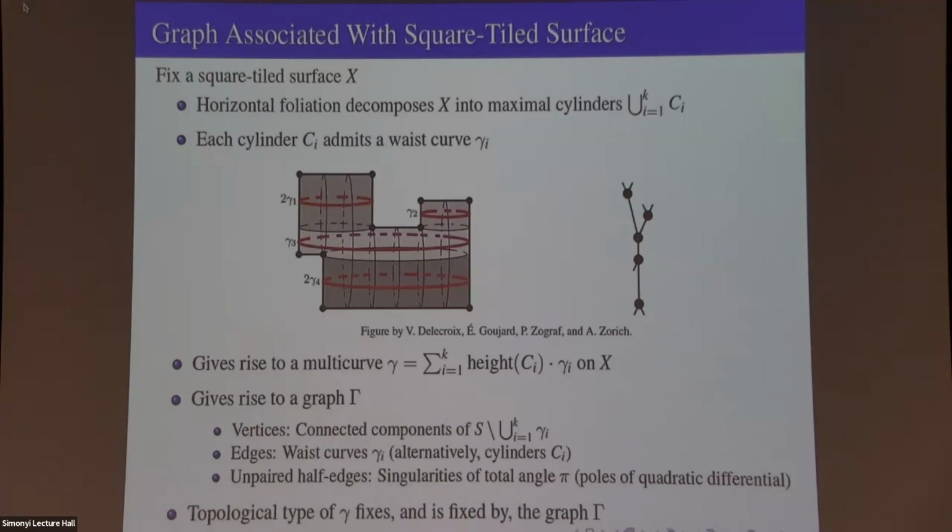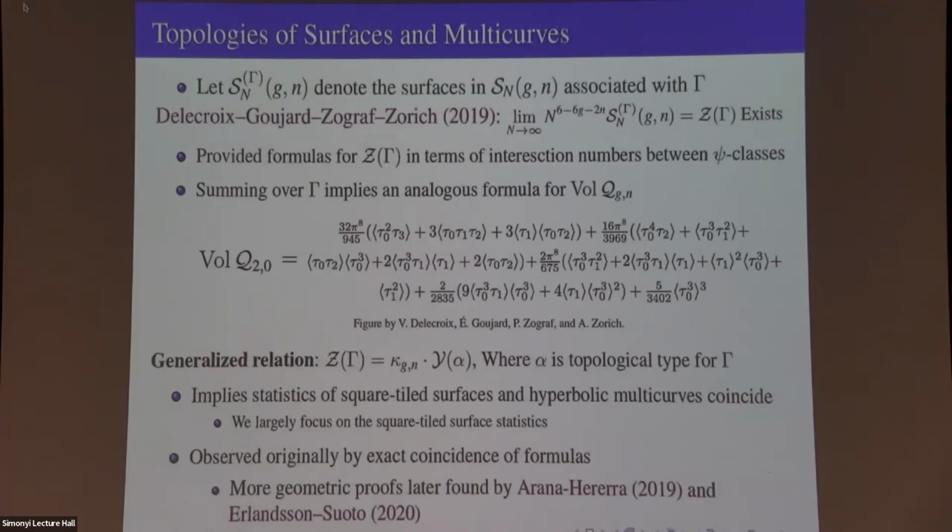So now again, we're on the flat side. I'll let S_n(Γ) of g,n denote the set of square-tiled surfaces in this S_{g,n} associated with this graph Γ.